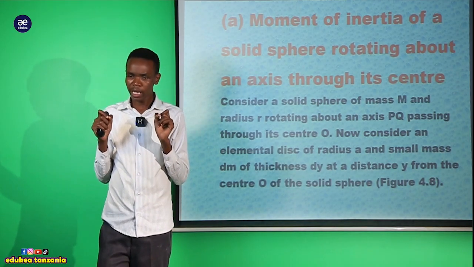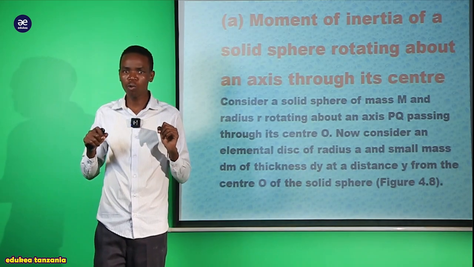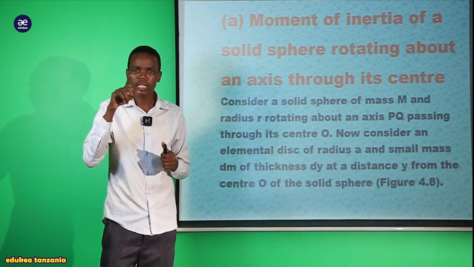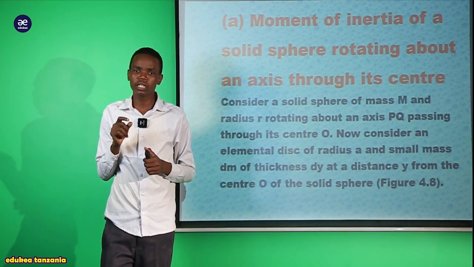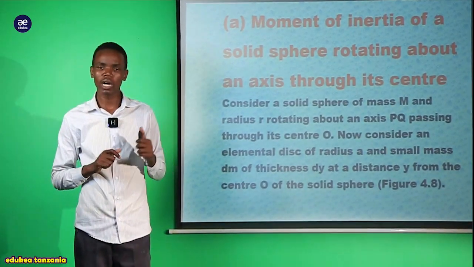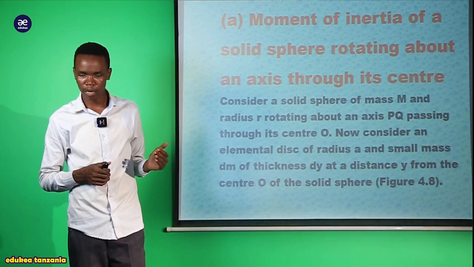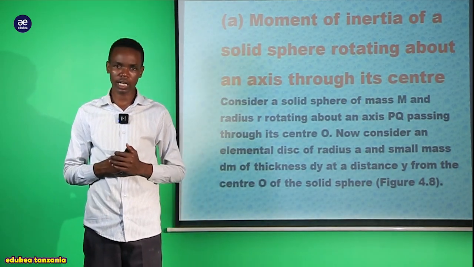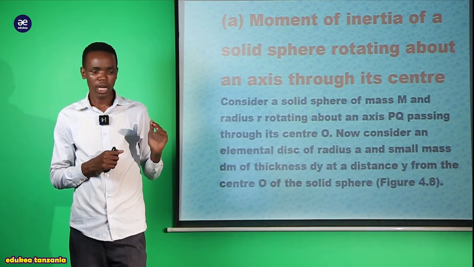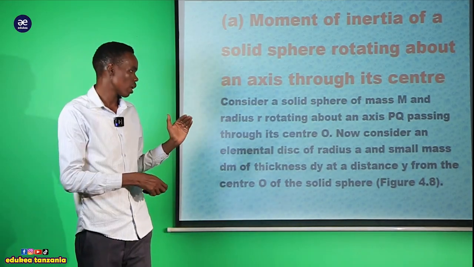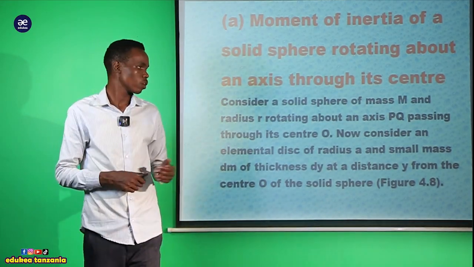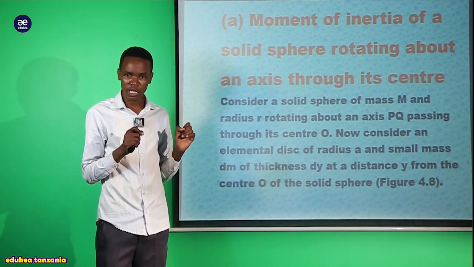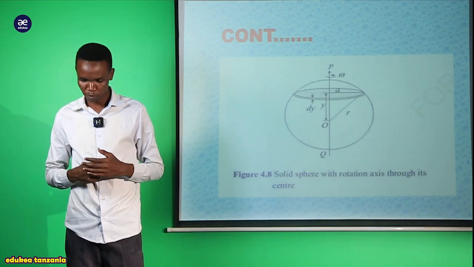Figure 4.8 explains how the solid sphere is rotating through the center, perpendicular to the axis PQ. This figure gives more explanation of how the solid sphere looks, and we observe that it involves the elemental disk with radius a and a small mass dm of thickness dy.